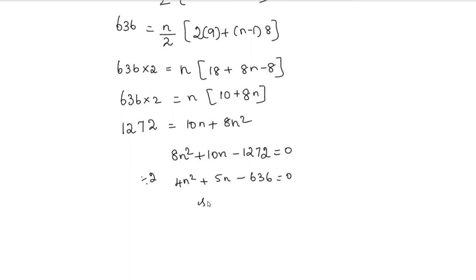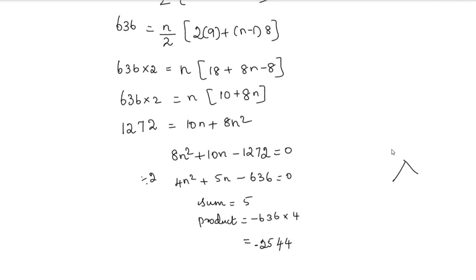Here the sum is equal to 5 and the product is equal to minus 636 into 4. So what will we get? Minus 636 into 4: 6 4s are 24, remaining 2, 3 4s are 12 plus 2, 14, remaining 1, 6 4s are 24 plus 1, 25. That is minus 2544.